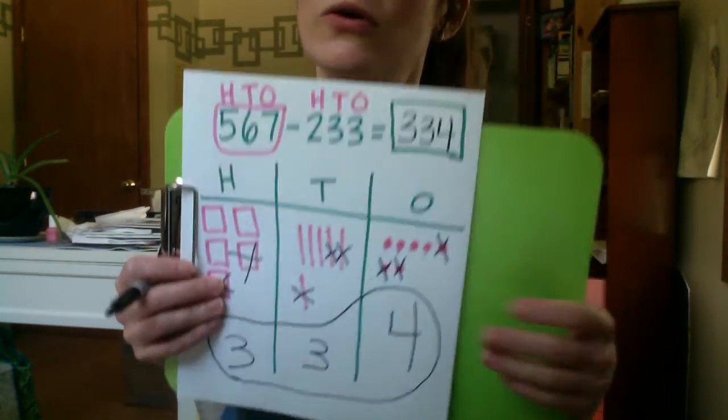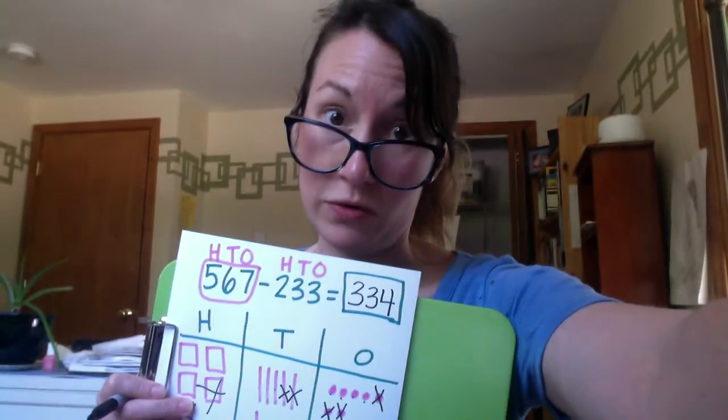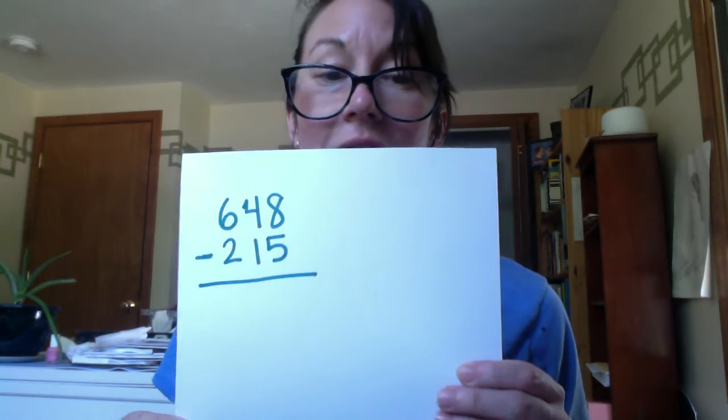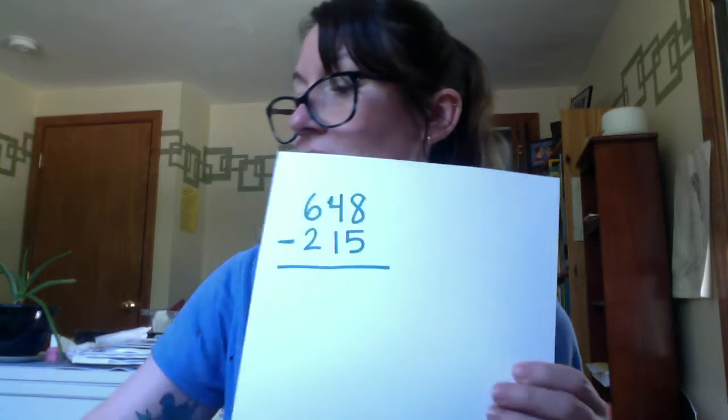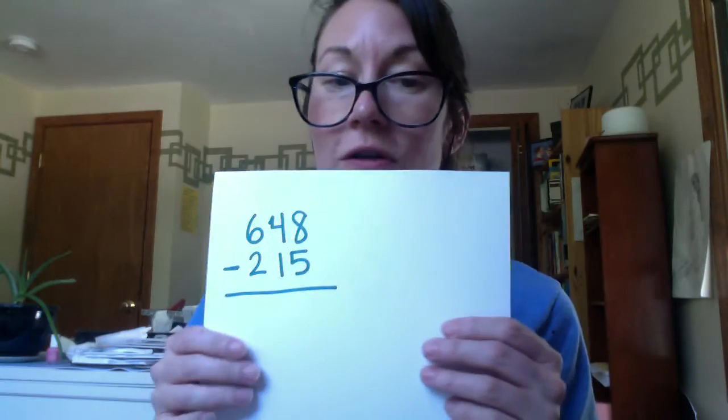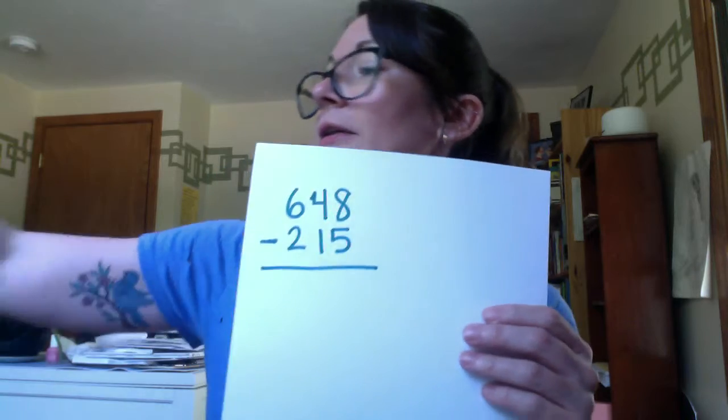All right, boys and girls, I know you're going to ask me. What if it's written up and down? I have an example. Let's take a look at what we do if it's written up and down. Here I have 648 minus 215. Oh, I bet you know what step 1 is now. Mark my HTO and circle the bigger number.